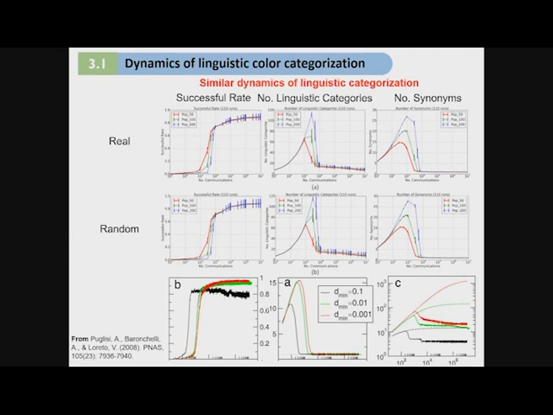And you can see that in either case, under the real color stimuli or the random color stimuli, you end up having the same dynamics of color categorization. So under the same social cultural transmission setting, you have similar dynamics of linguistic color categorization, similar to the category game case.